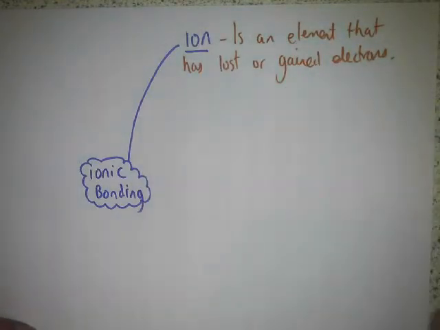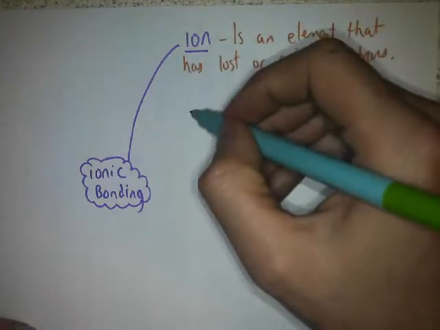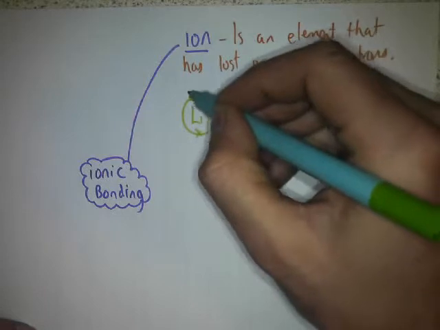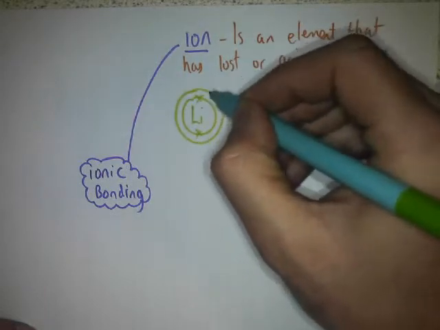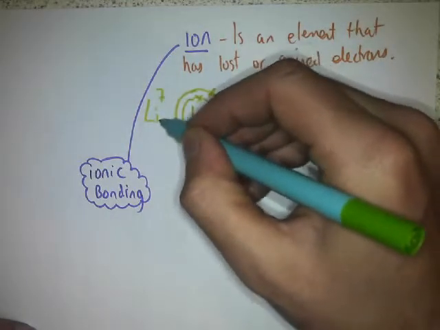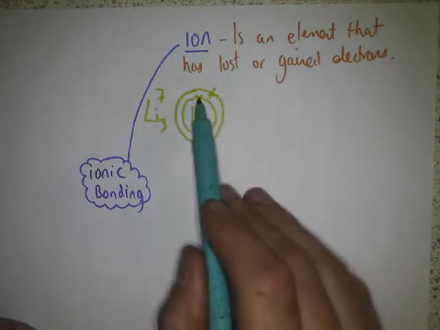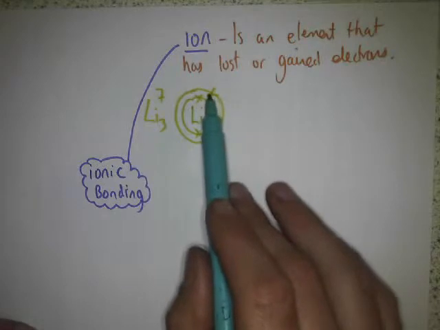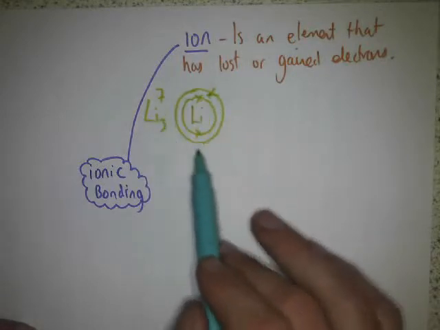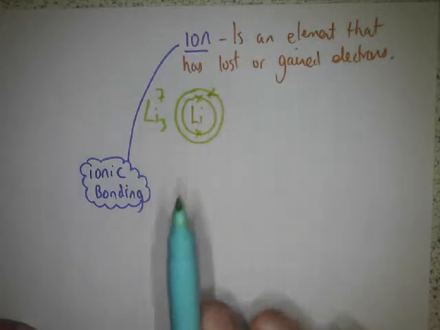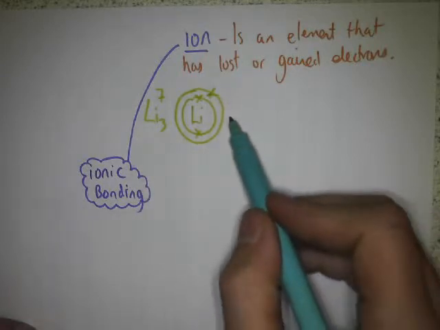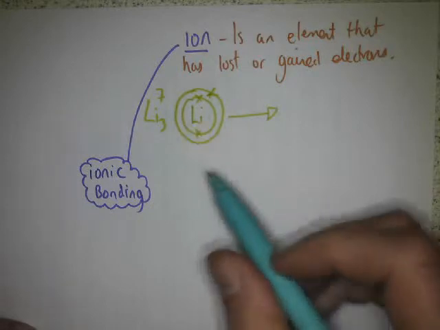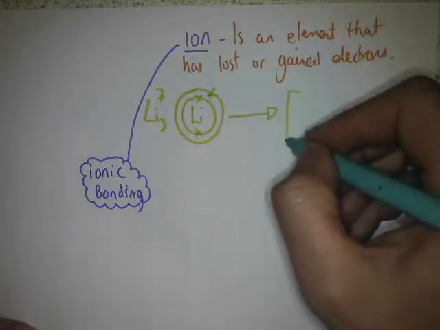Well, let's draw some examples. Lithium is in group 1. We know it's in group 1 because it's got 1 electron in its outermost shell. Lithium is 7, 3, so it's got 3 electrons in total. Now it wants to lose that electron so it can be happy. All elements want a full outer shell. If it loses 1, it will have a full shell because 2 is the maximum this shell can occupy.